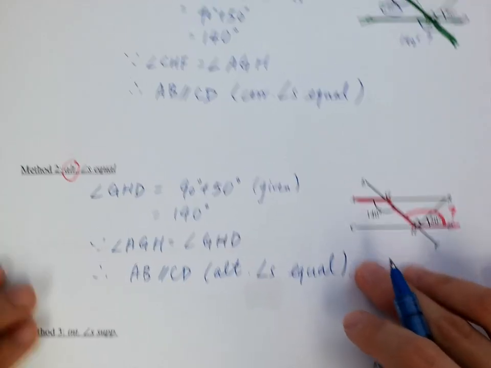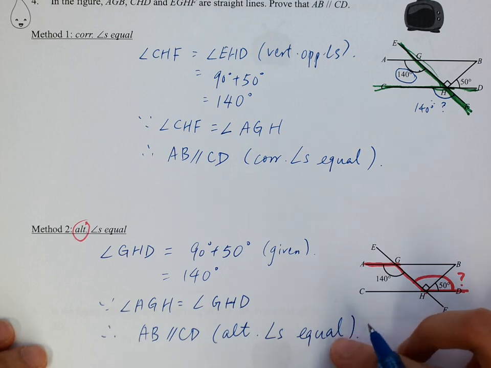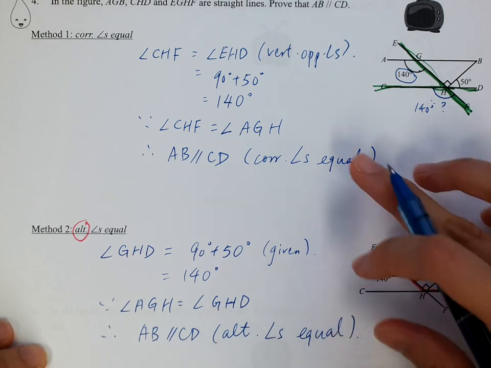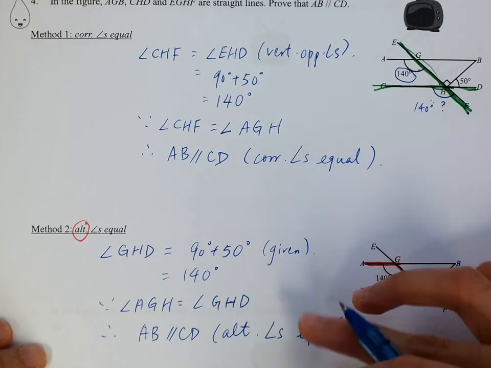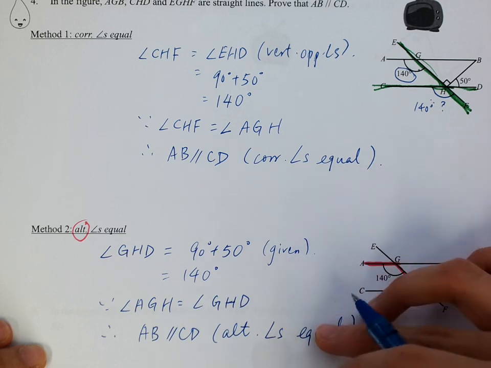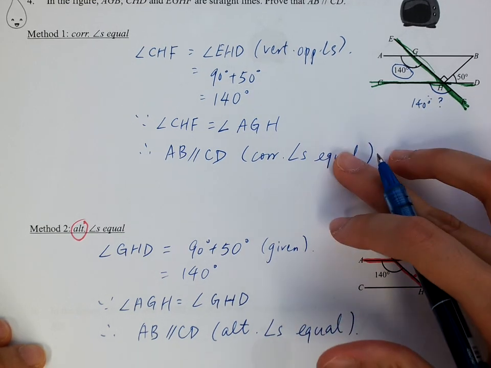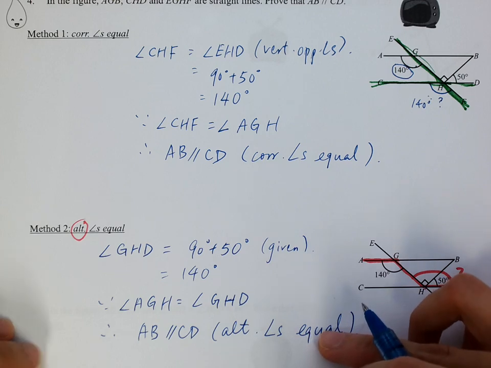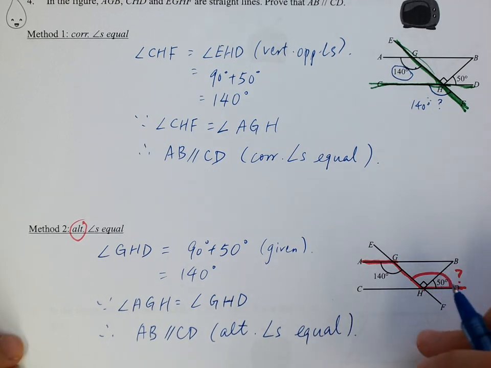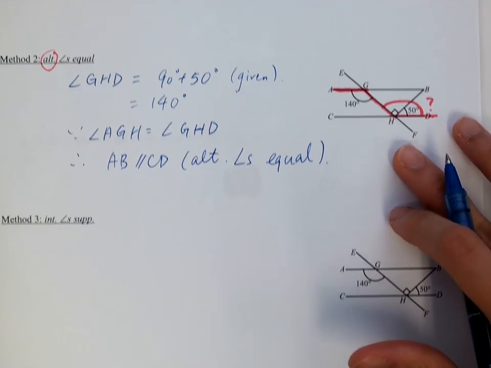It seems that method 2 is a quicker, faster method than method 1, because the steps involved are fewer than method 1. So maybe method 2 is the quickest method. We are not sure. Let's check method 3 as well.